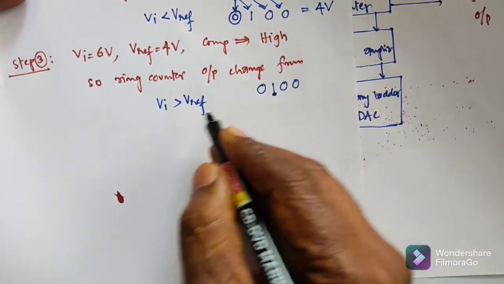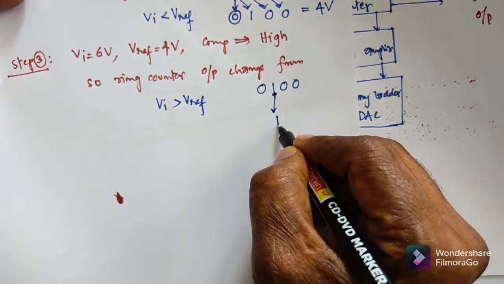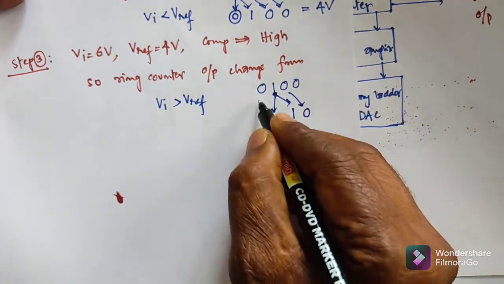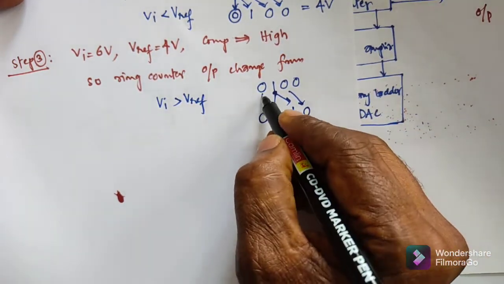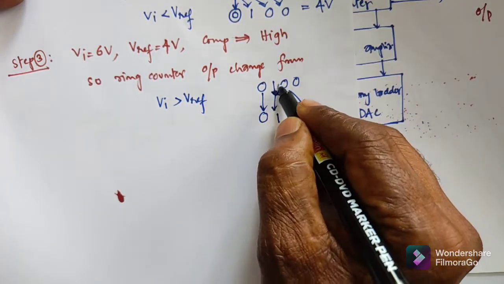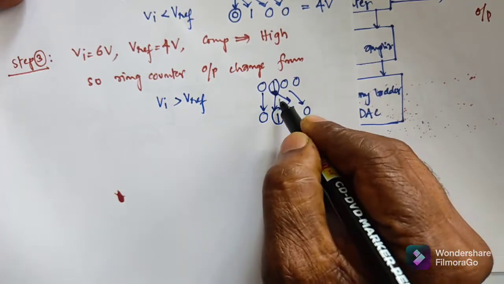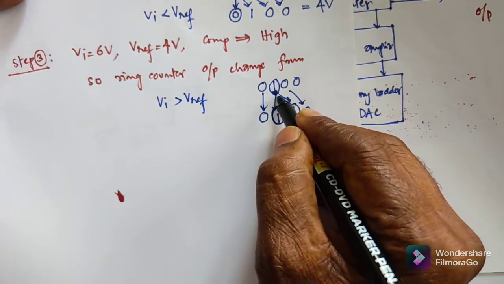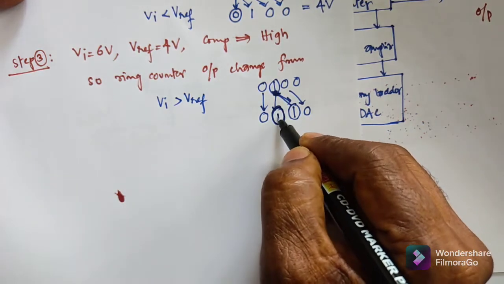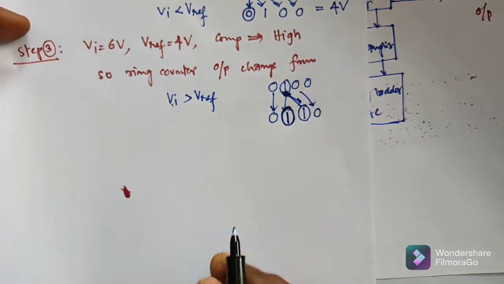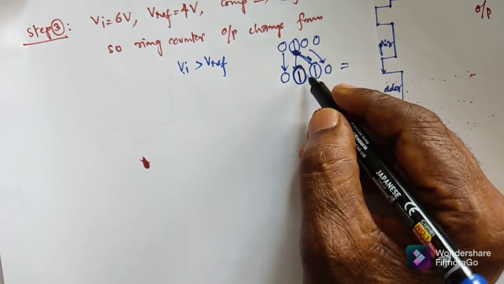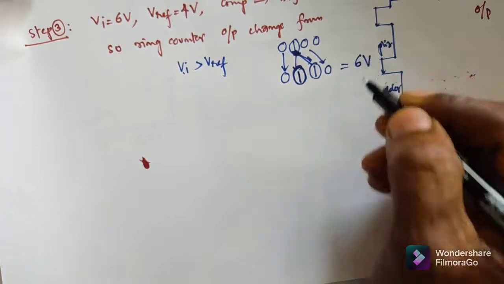If the VI value is greater, the MSB bit is replaced by 1, and the 1 is shifted to the next position. Why? Because the VA value is greater than the reference. So the final value is 0 1 1 0, which is 6 volts.